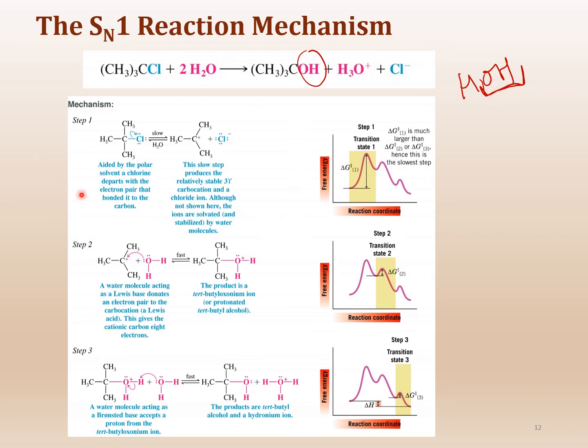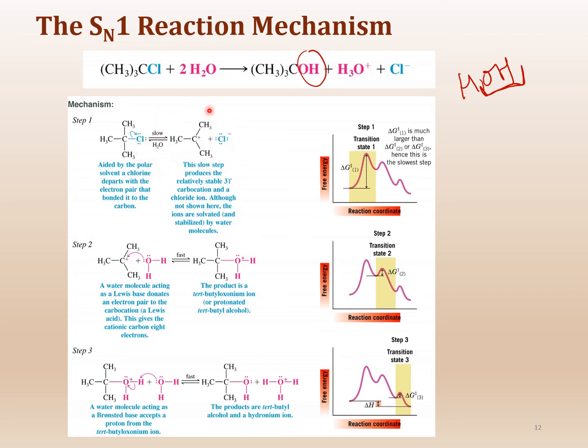So let's look over what happens in this case. The first step that happens in an SN1 reaction is that the chlorine leaves. In SN2 reactions, the chlorine did not leave first. It was the nucleophile that attacked, and then you formed an intermediate with the nucleophile and the leaving group. In this case, the leaving group is going. So here's the chlorine saying bye-bye to the substrate, and then here you have the substrate.